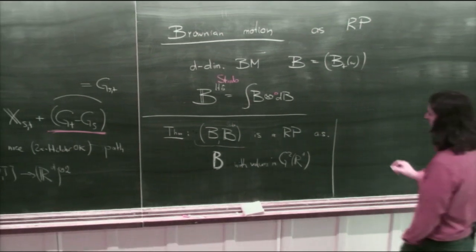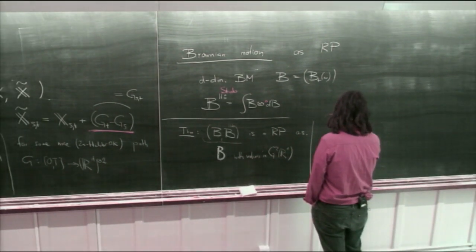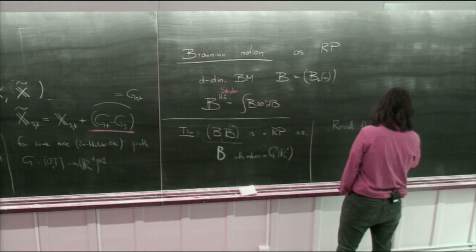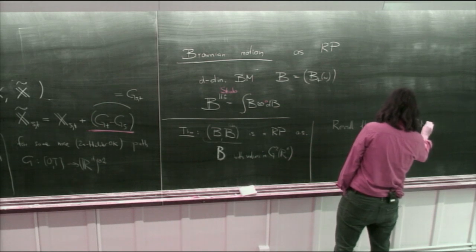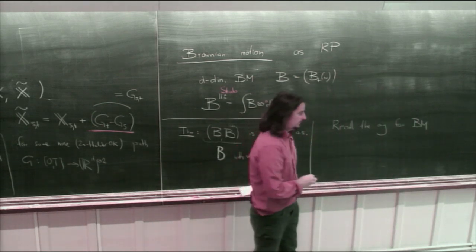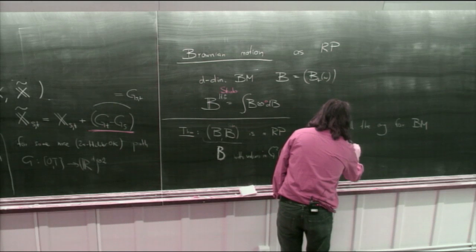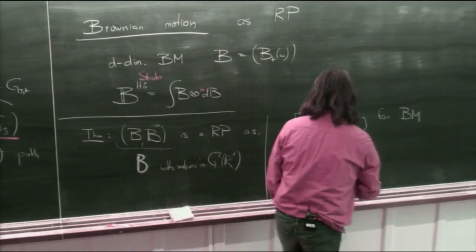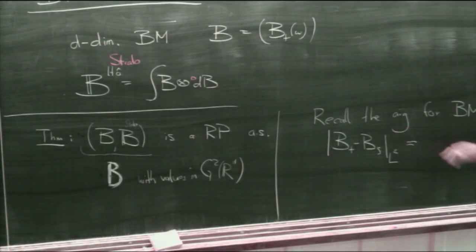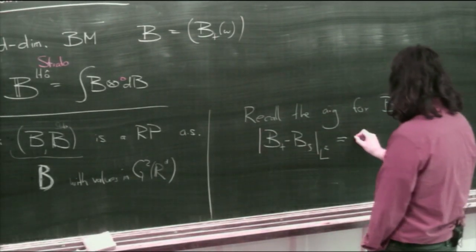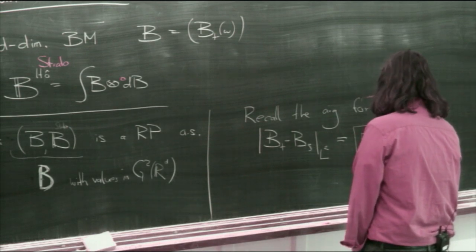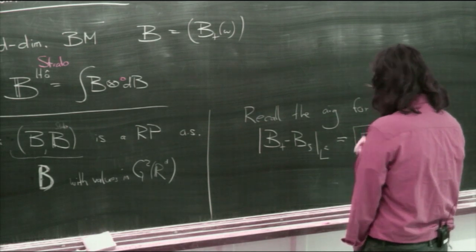And so recall the argument for Brownian motion. Essentially, it was enough to look at Brownian increments, B_t minus B_s, in L2 norm, so over the probability space, of course. So that means the square root of the expected value of B_{s,t} squared.